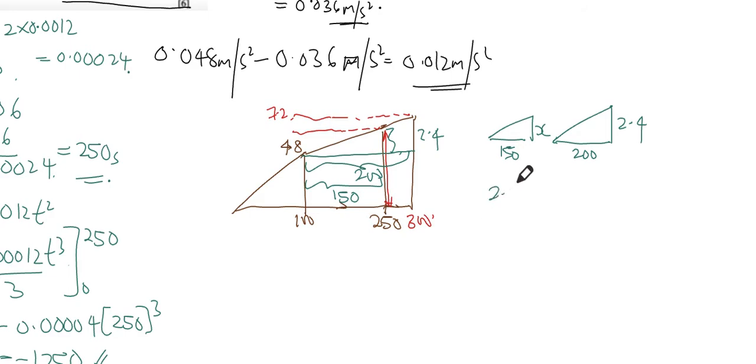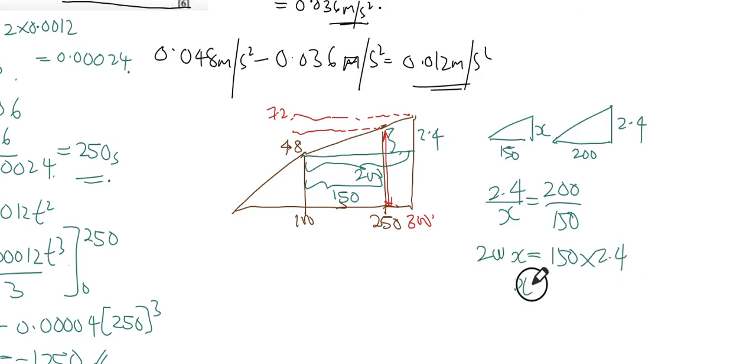So 2.4 over x equals 200 over 150. So 200x equals 150 times 2.4, so x equals 150 times 2.4 divided by 200. The answer is 1.8, so x is 1.8.